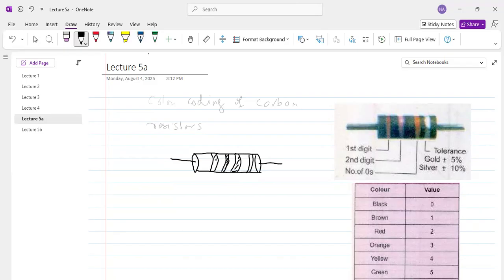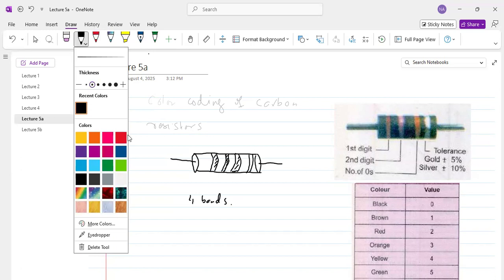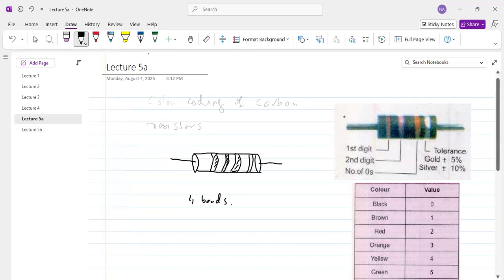Usually, we encounter resistors which have four color bands, and these four color bands give the value of resistance. The color bands have the following meaning.